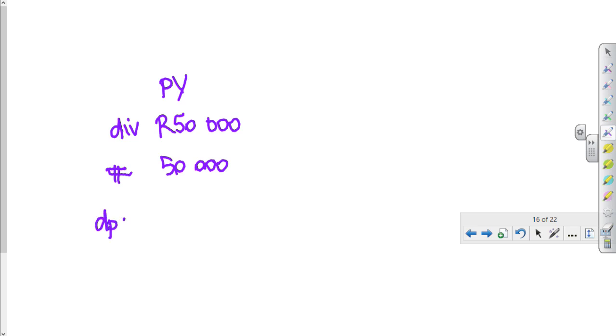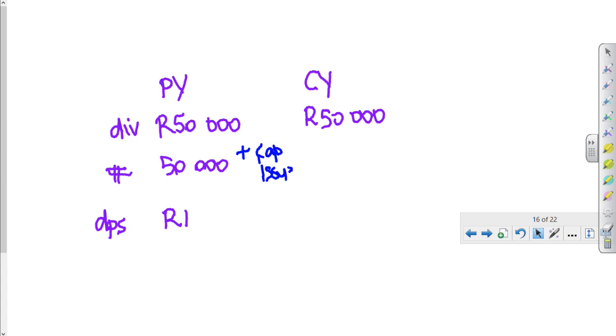So dividend per share was 1 rand. In the current year, let's assume they still paid a dividend of 50 million rand. But let's assume that during the year there was a cap issue. And so this cap issue would have resulted in the number of shares, let's assume, doubling.